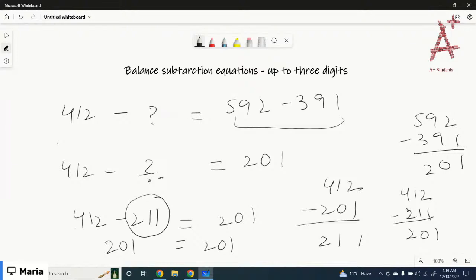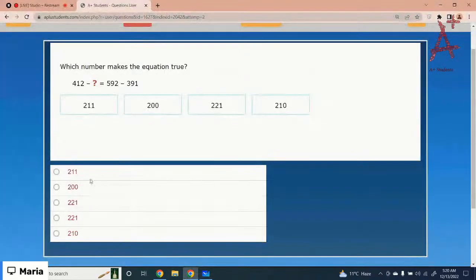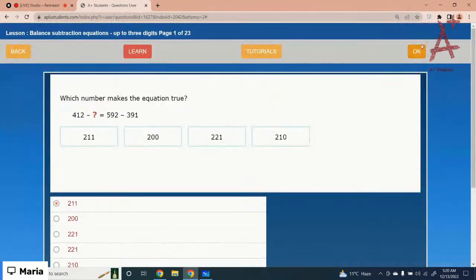This is the easier way. Just solve the side where you are given both the numbers. If you have to find a smaller number, subtract the difference from the greater one, and you will find the missing number. So the correct option for this one is 211. Just select the correct option and click on the OK button.